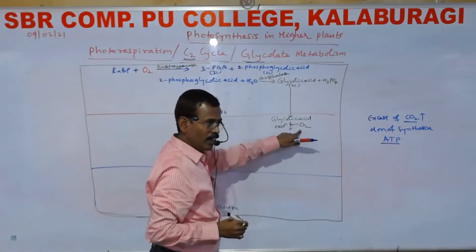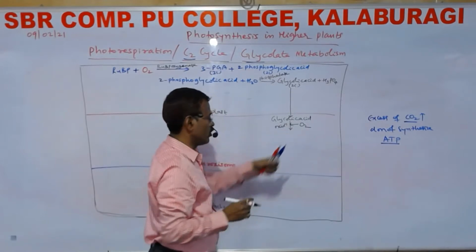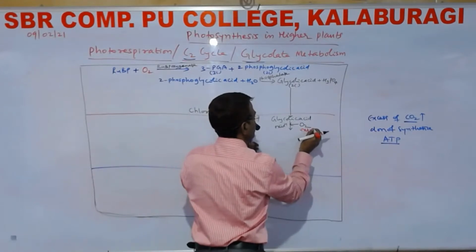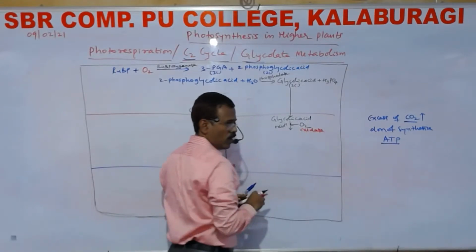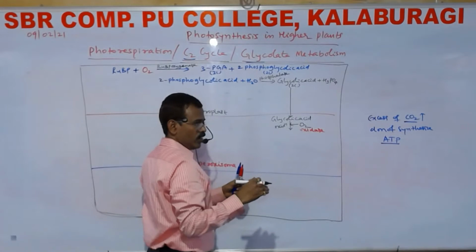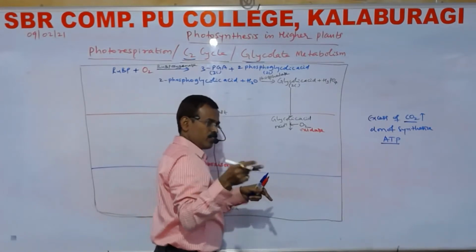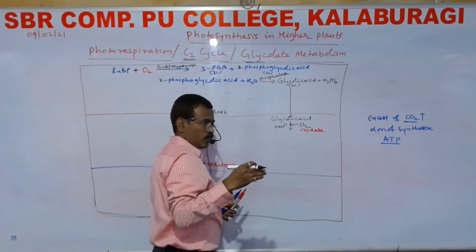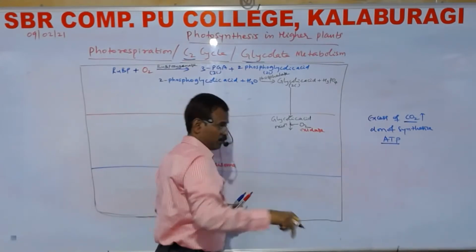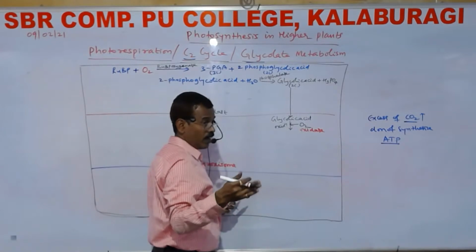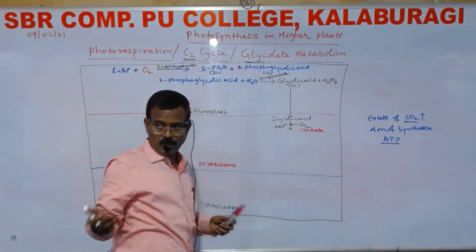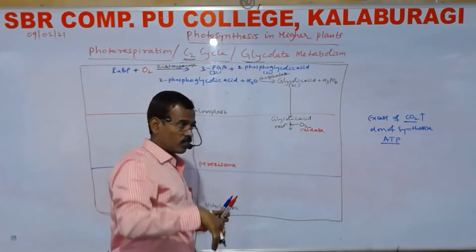Glycolic acid will combine with oxygen. It is an oxidation step, catalyzed by oxidase enzyme. So glycolic acid combines with oxygen. So it is the second oxidation step. This is the photosynthetic carbon oxidation step, PCO, photosynthetic carbon oxidation. Rather than reduction, which would produce carbohydrate, it is oxidized.